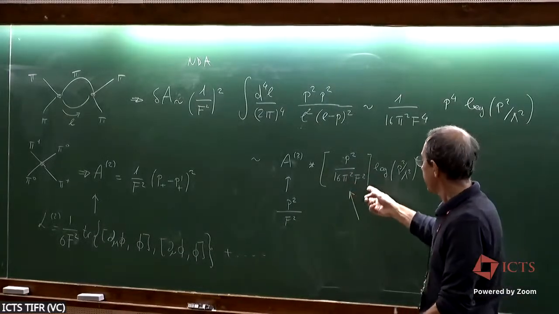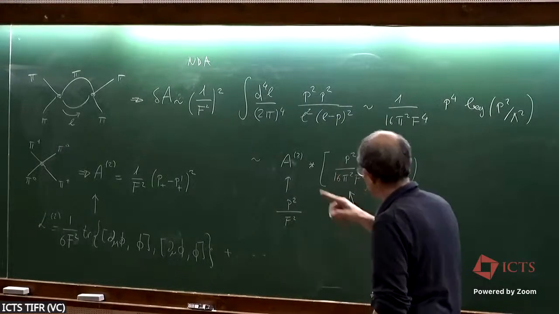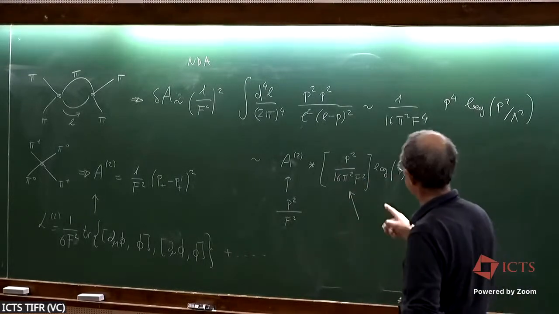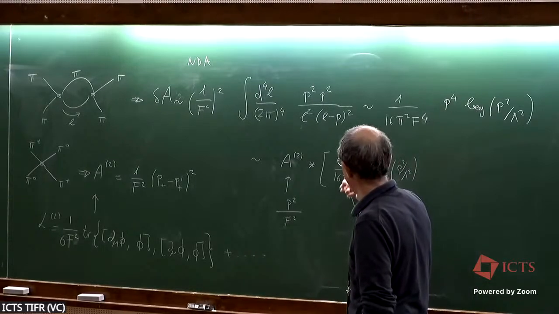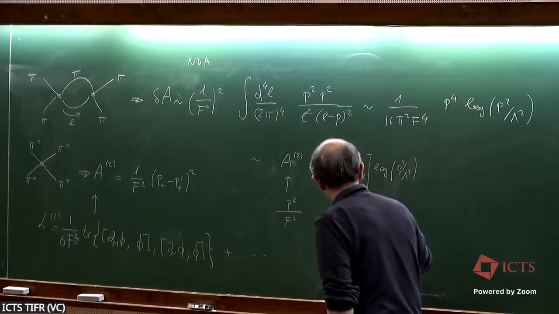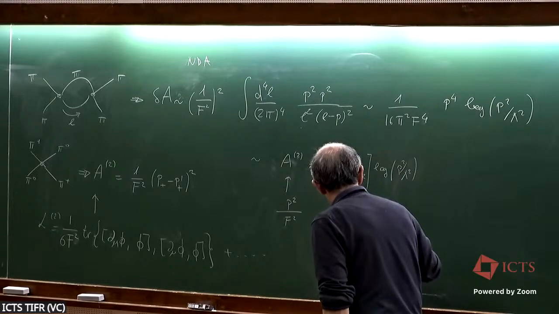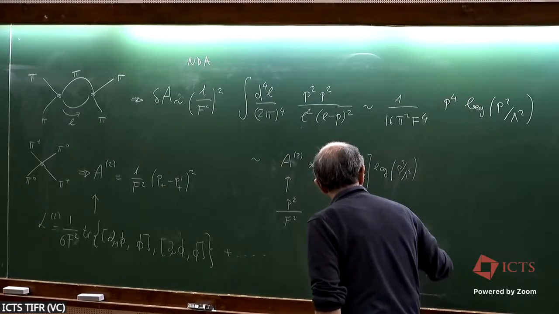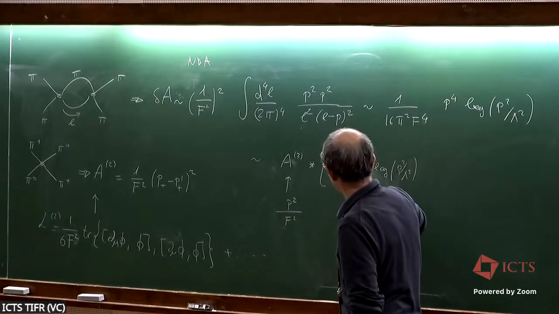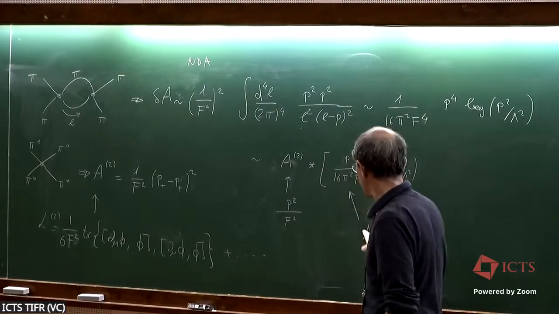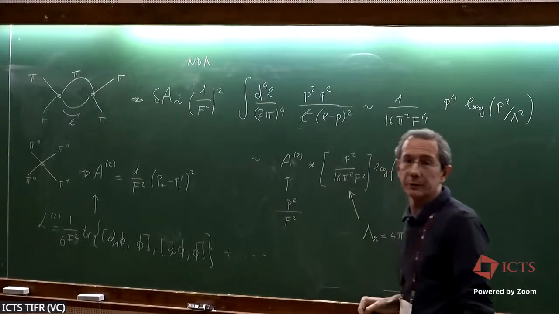And that's why David would say, look, the naive suppression of this diagram, so I have momenta here and I have this scale. So I can define this scale lambda chi, which is 4 pi f, which seems to rule the suppression in the momentum expansion with respect to lowest order.